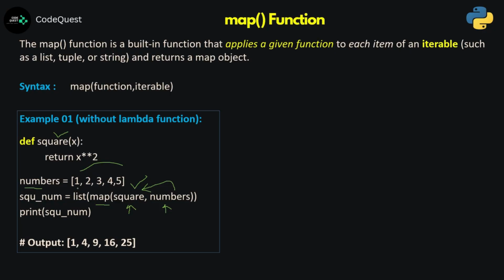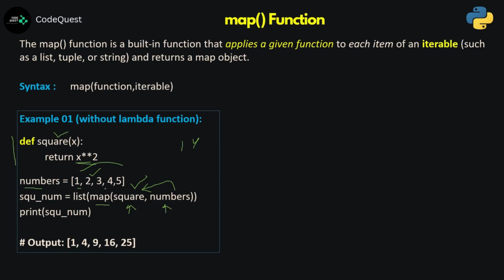For the first time, 1 is supplied to this function square, and this function works on that. What is the x value here? 1. So 1 square is 1, the first element. For the second time, the second element 2 of this list is supplied to square, so it calculates 2 square, which is 4.